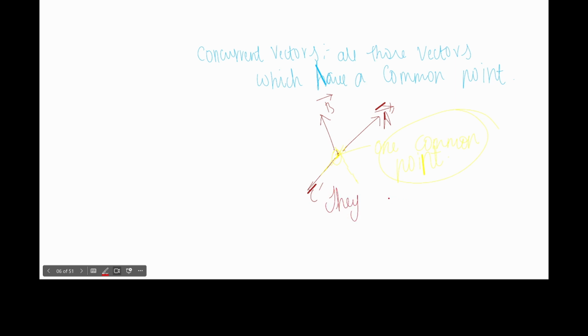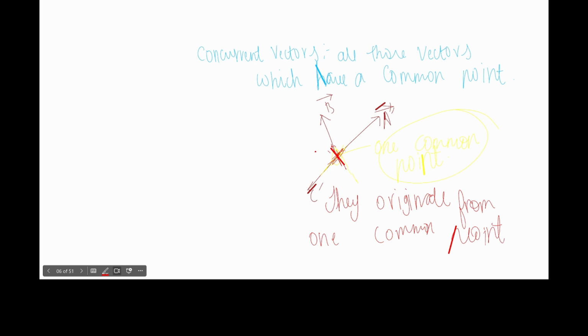They originate from one common point. As we can clearly see, all three vectors have the same common point when I extend their tail, as it is called.